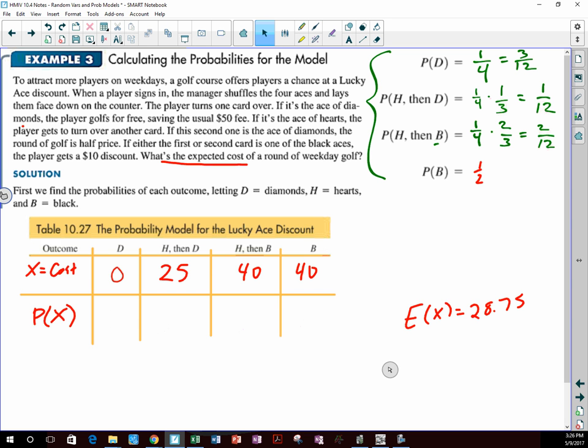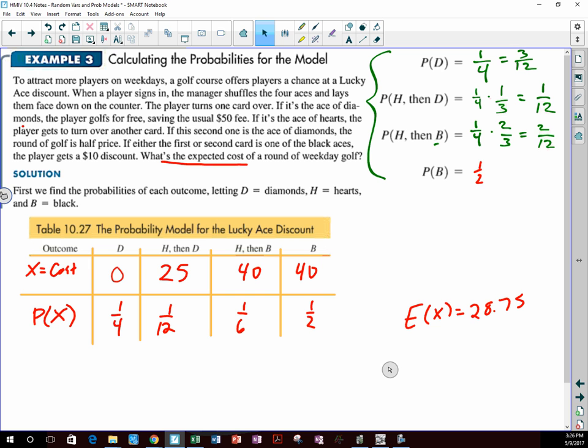All right, so the probability of these things happening, we found over on the side there. We have 3/12 or 1/4, 1/12, 1/6, or the 2/12 that's over there on the right, and then the 1/2.